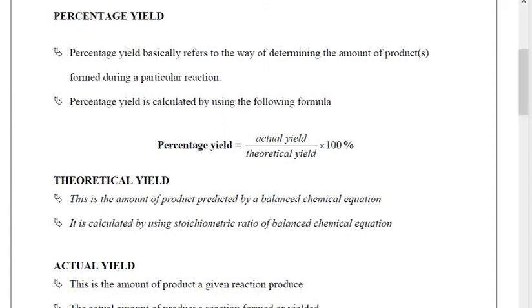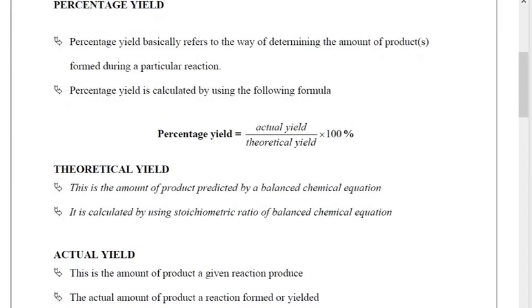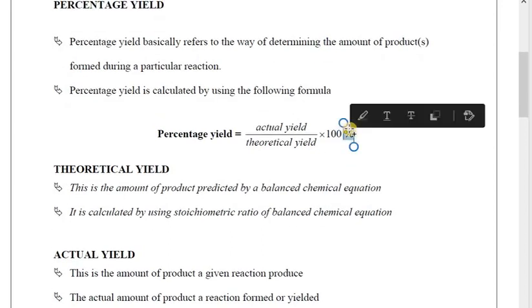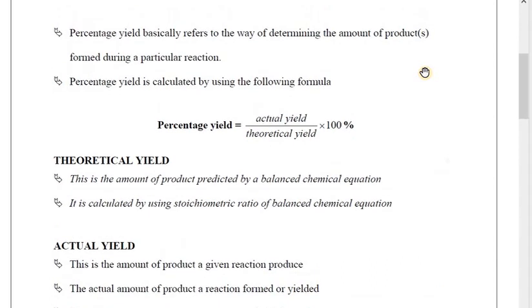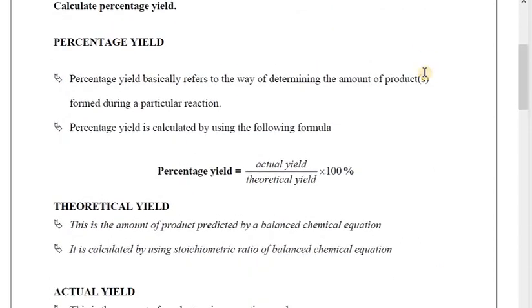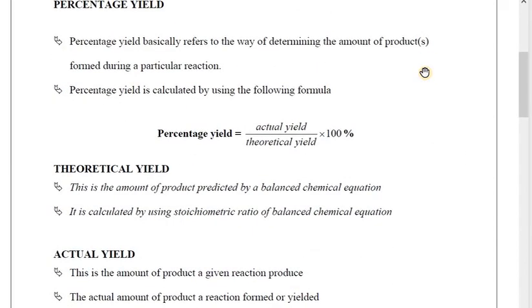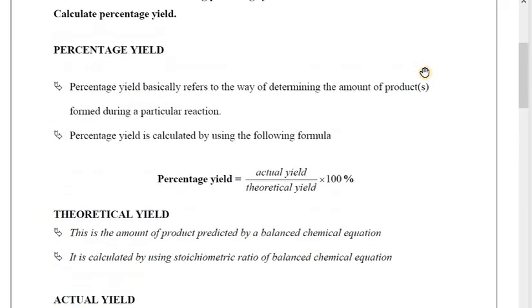You effectively just change it to a percentage, and you change something to a percentage by taking the actual number that you got over the expected number. So if you're expecting 10 out of 10 but you get 9 out of 10, you say 9 divided by 10 multiplied by 100%. That changes it to a percentage. And in this case, it's a percentage yield because we have substances reacting.